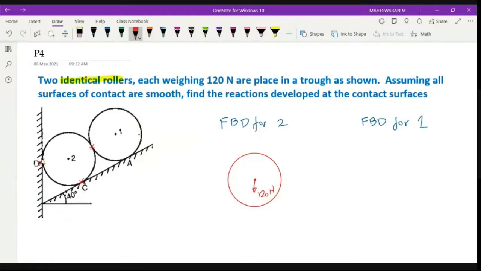If I consider this one, your force is always perpendicular to the surface, which means perpendicular to this. So you will have it like this. This is RB. Here, your force is again perpendicular to this, RC. What is the angle of RC?